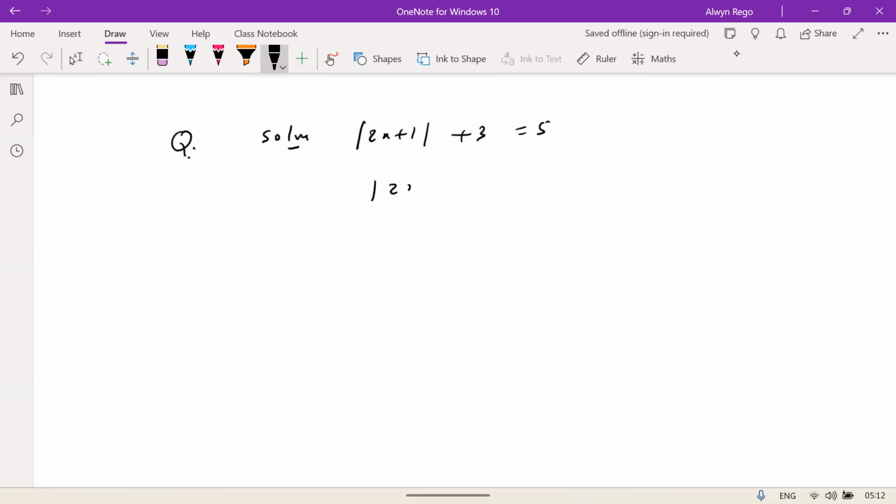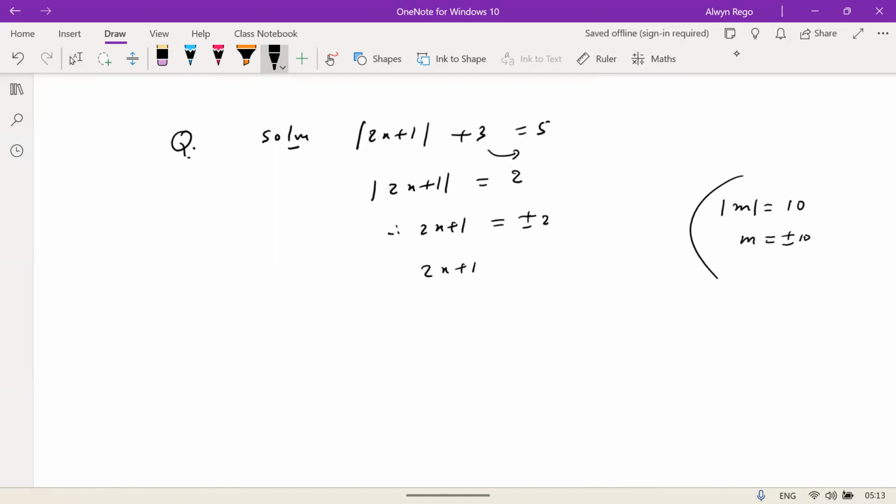So we have |2x + 1| = 2. Therefore, 2x + 1 must be equal to plus or minus 2. We said that if |m| = 10, then m could be plus 10 or minus 10.